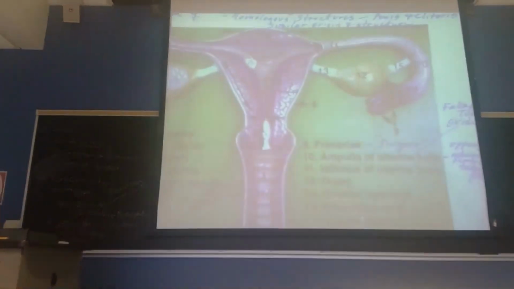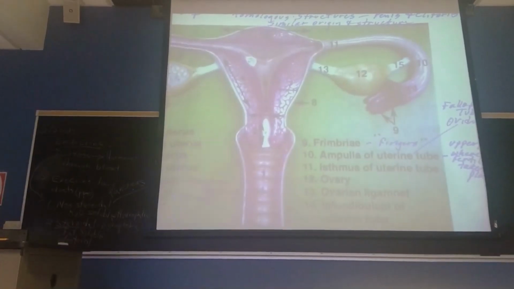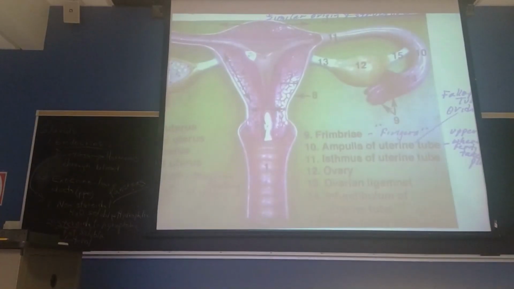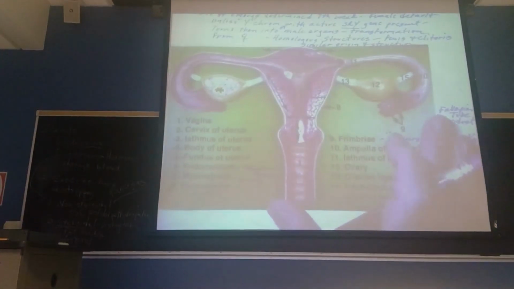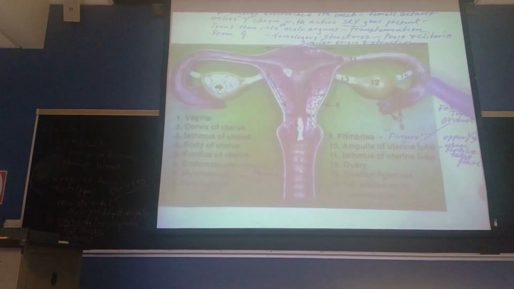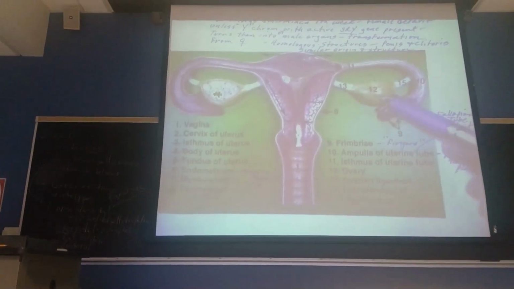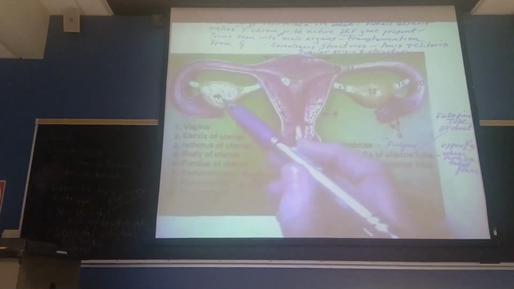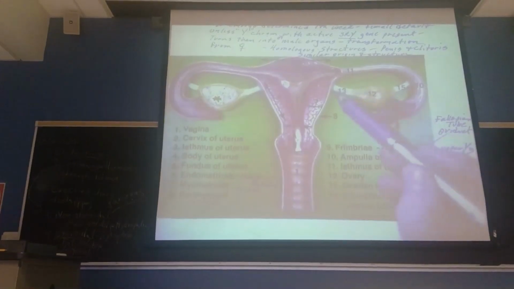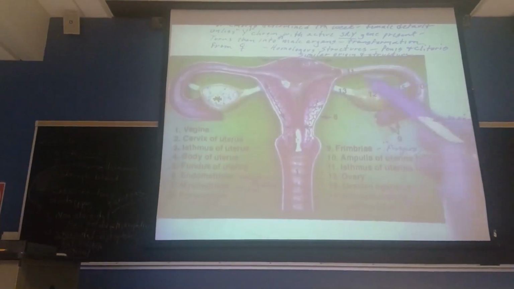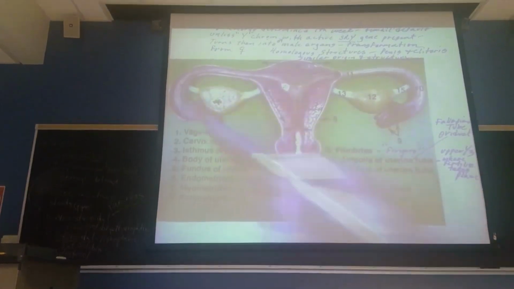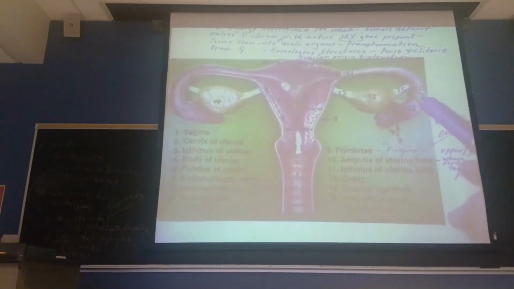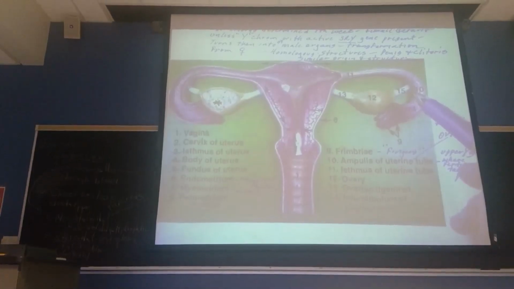Let's look at the female in this bottom picture first. This is the ovary, number 12, the ovary. There are suspensory ligaments which help to hold it. There are different names for these tubes right here. They're called oviducts or fallopian tubes, or sometimes even uterine tubes.